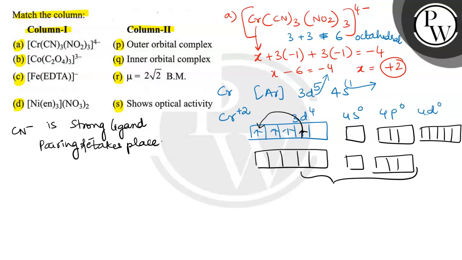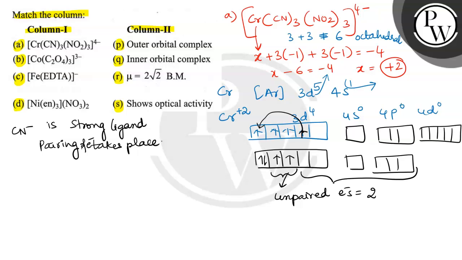So 6 ligands are coming, so 6 orbitals are required. So first one only pairing up. Second and third electron is here. These two are unpaired electrons. Unpaired electrons are 2. So n value is equal to 2.